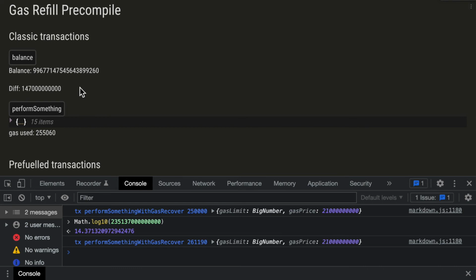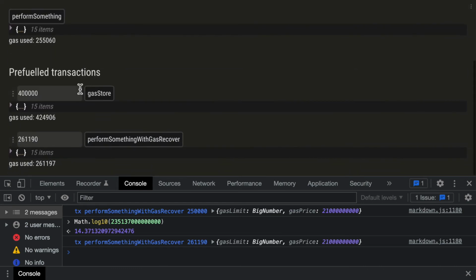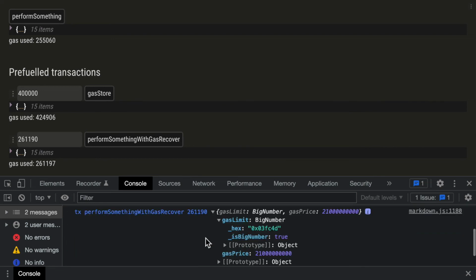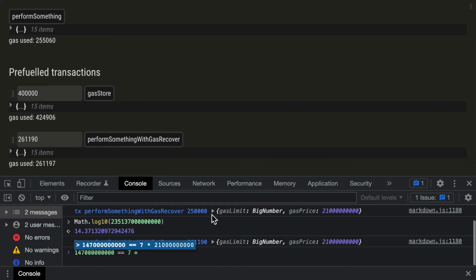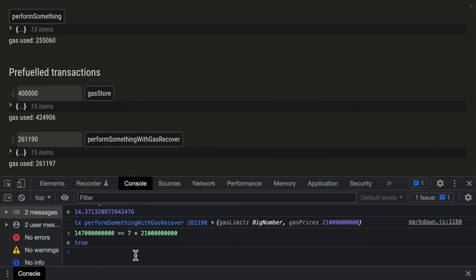This is the amount of balance that we have consumed, and this amount should be equal to this 7 multiplied by this gas price in Gwei. And it is the same amount.